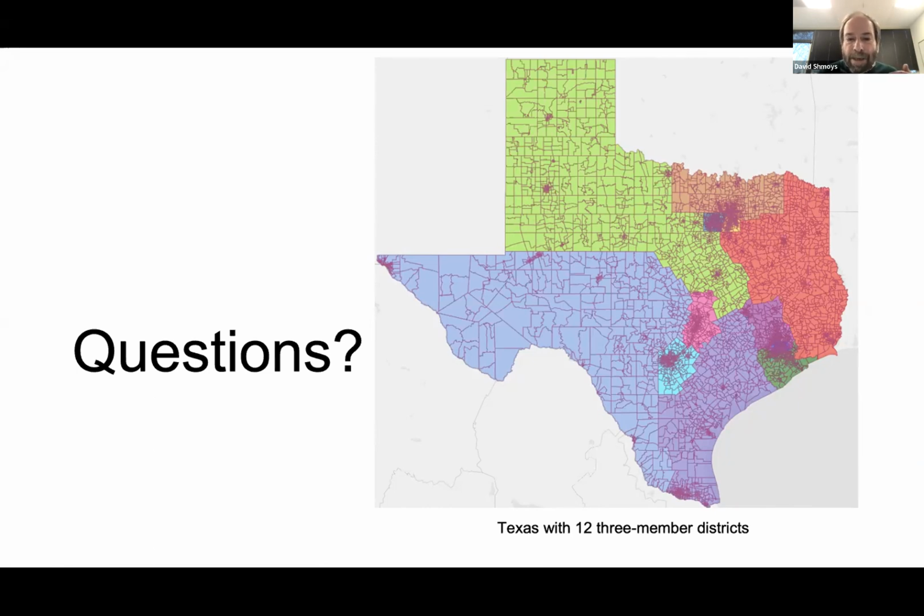So again, this is not to say that this is an algorithmic solution. I see one other comment about the majority-minority district, but again, the focus is not to say, run this algorithm and produce this solution.